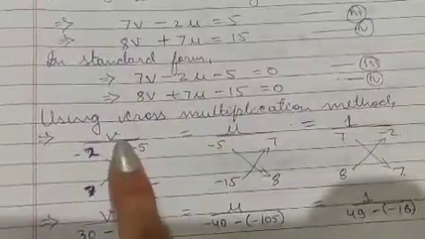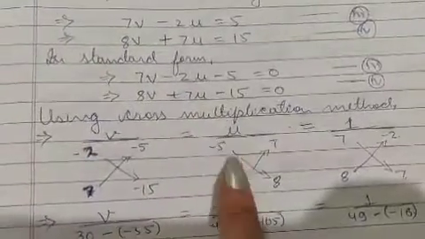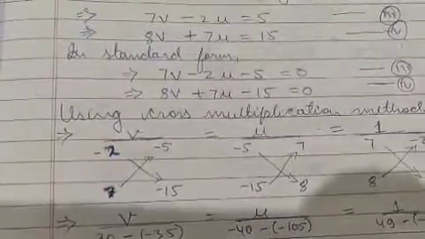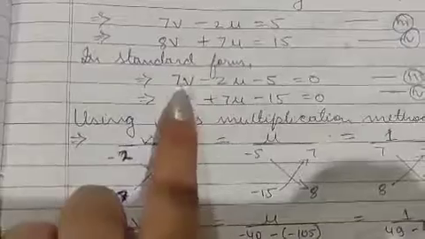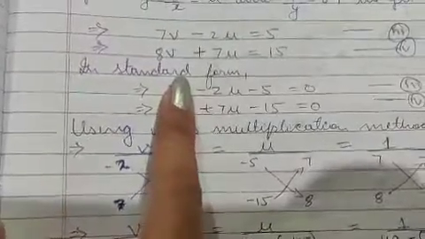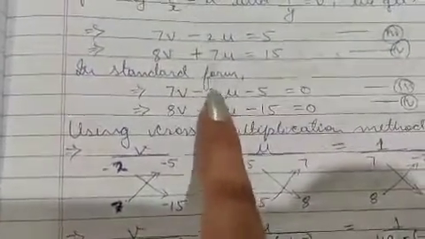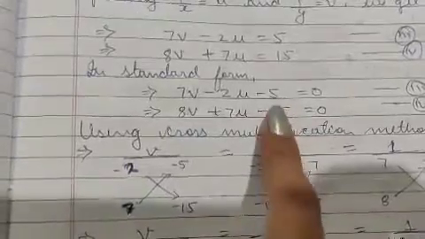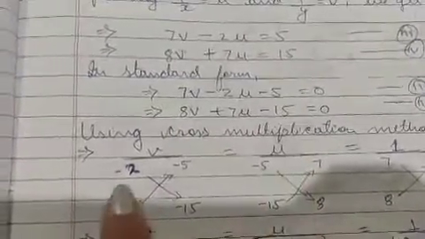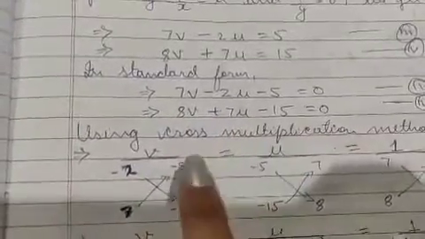So u upon denominator equals v upon denominator equals 1 upon denominator of these variables and constants. For the variables u and v, we take these two coefficients and these constant numbers: minus 2, 7, minus 5, 15.